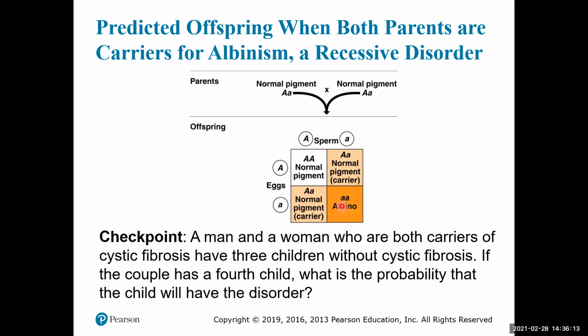Then you would multiply 0.25 times 0.25 times 0.25 times 0.25, and that would give you the probability of at least 1 out of 4 having that disorder, because you would multiply the 0.25 probability 4 times because you have a 25% chance every time, and that would tell you out of 4 tries what's the chance of having 1. But every try is always a 25% chance that one of your offspring will have albinism.